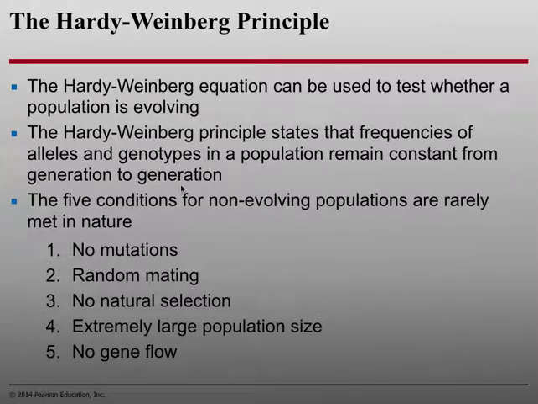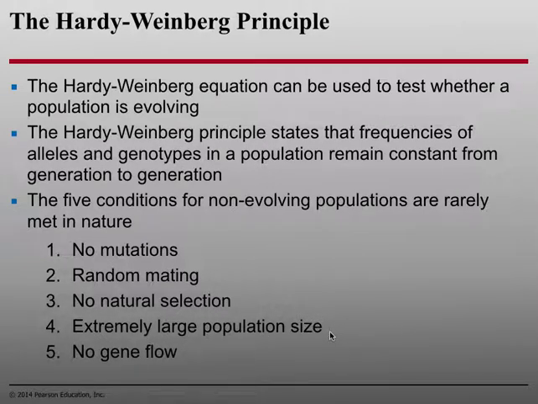In other words, non-evolving. To be non-evolving, the population has to have no mutations, random mating, you cannot selectively mate two pairs, it has to be random, no natural selection, and a large population size.